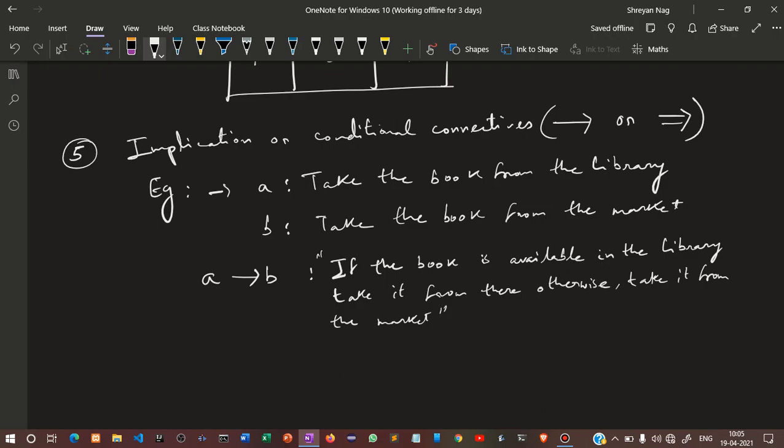So let us do this in the form of truth table.